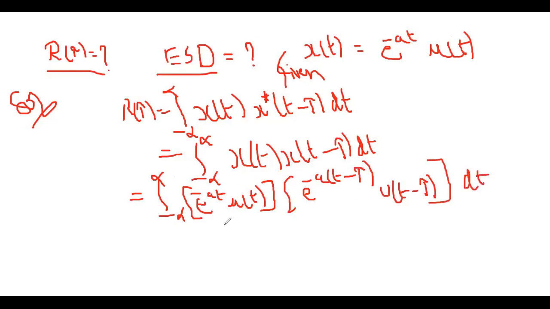What is the range of t values when you replace mu of t and mu of t minus tau? We already know, my dear students, that mu of t is equal to 1 for t greater than or equal to 0.